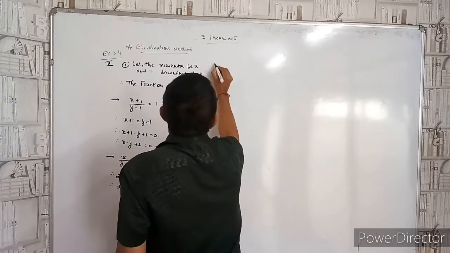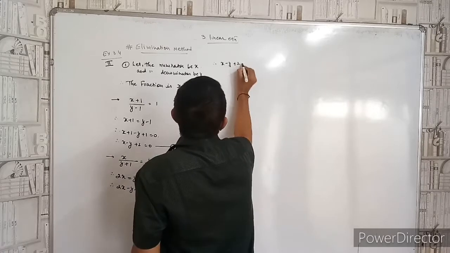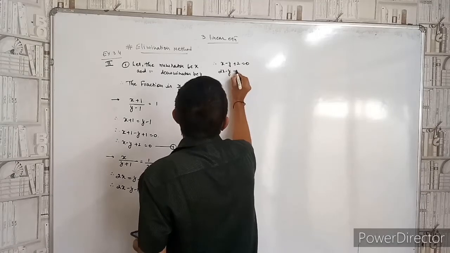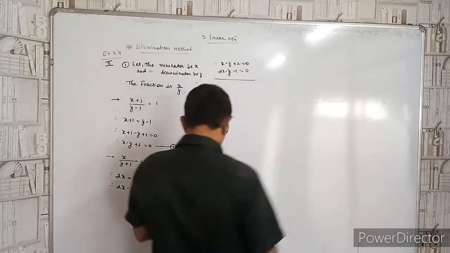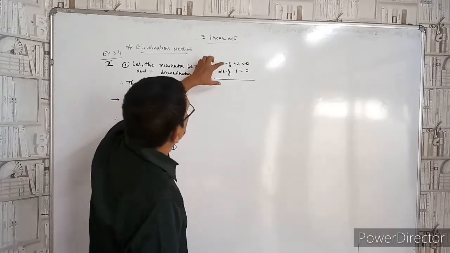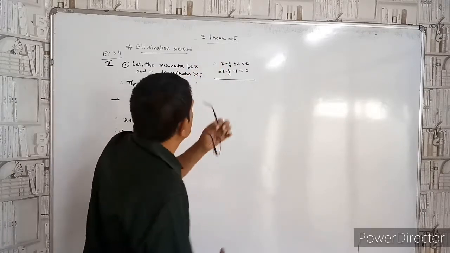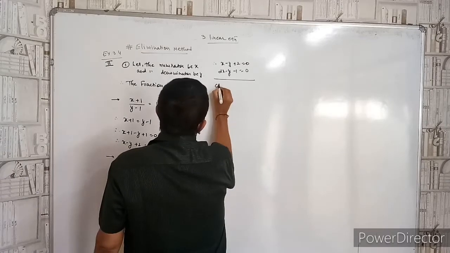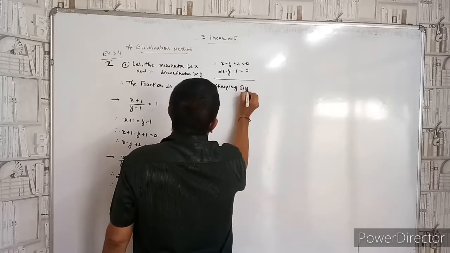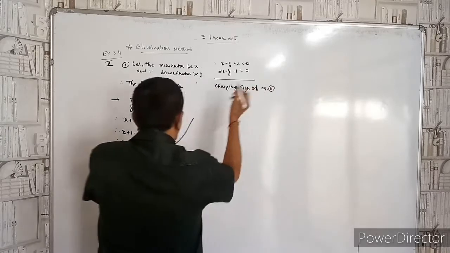So now just copy down both the equations. x minus y plus 2 is equal to 0 and 2x minus y minus 1 is equal to 0. See, in this the coefficient of y is same, 1 and 1, and both of them have the same sign. So changing the sign of equation 2, or 1, anyone.